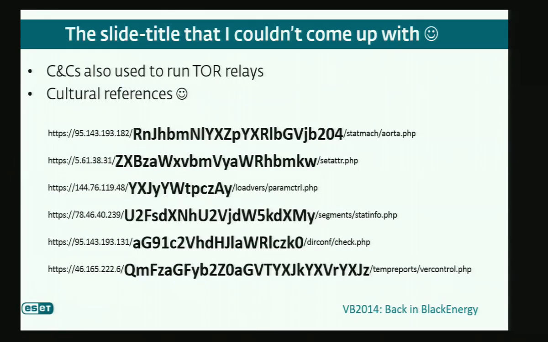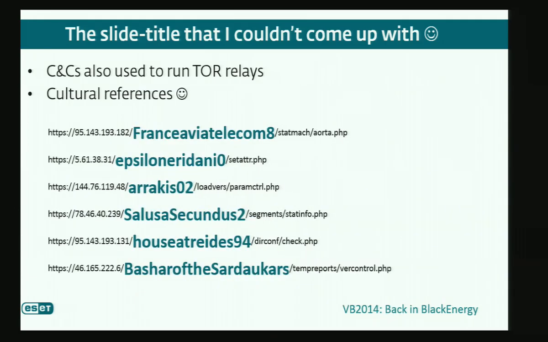If you take a look at the directories, I hope there's no one in the audience who can interpret this just by looking at it, but I'll help you by adding base64 to it. And does this ring a bell for anyone? Yeah, I heard it. Yep, movie references. So the attackers are apparently fans.